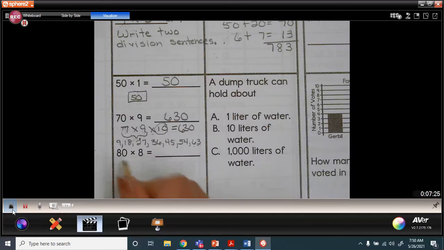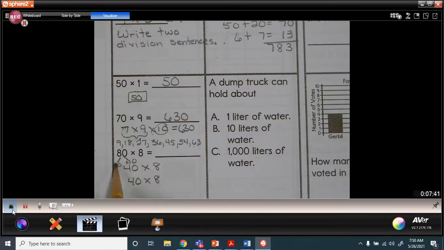This one, I know I could multiply 40 and 40, so I can break this apart as 40 and 40, and I can multiply each one of these parts by 8. So 40 groups of 8, 40 groups of 8.